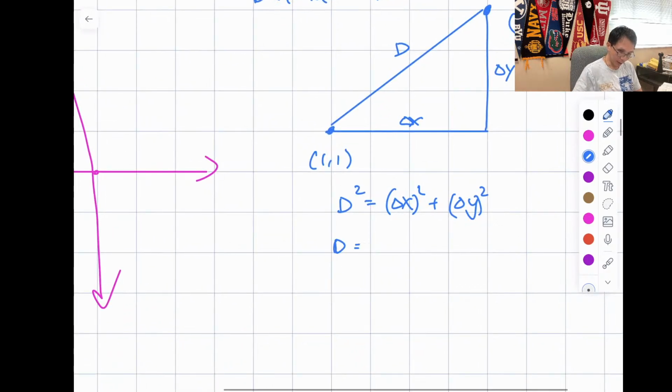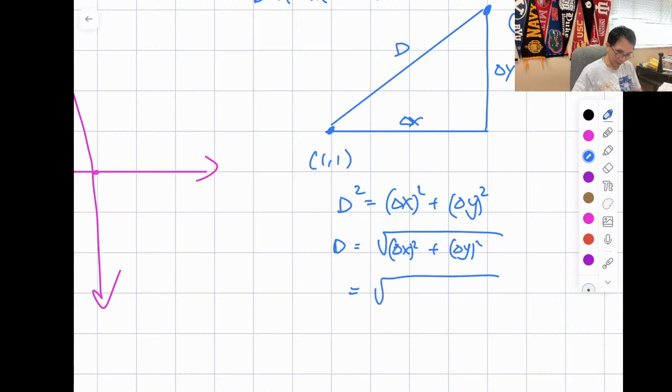So d is equal to the square root of change in x squared plus change in y squared. Now that becomes x2 minus x1 squared plus y2 minus y1 squared. It's not memorization, it's understanding. You may say, I don't remember the distance formula, but this is not hard to remember. It's the Pythagorean identity.